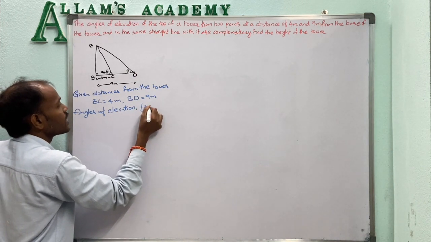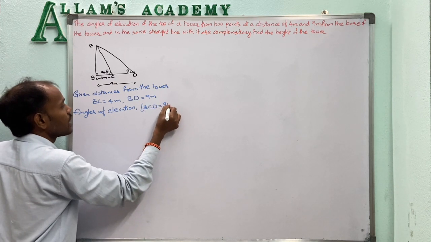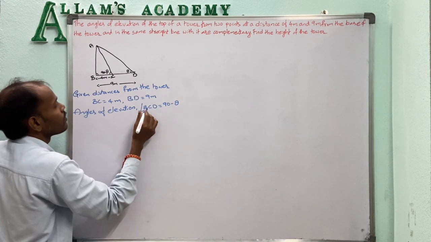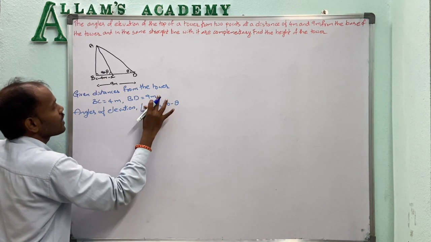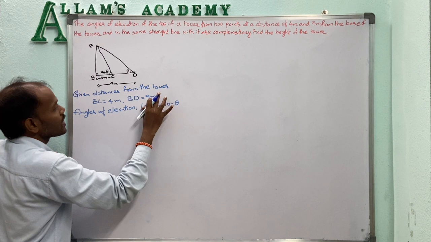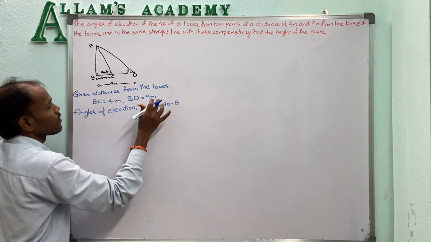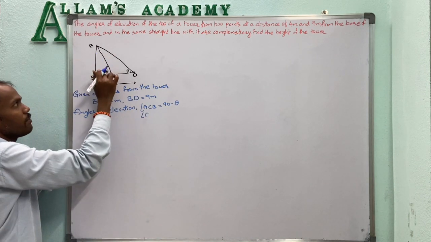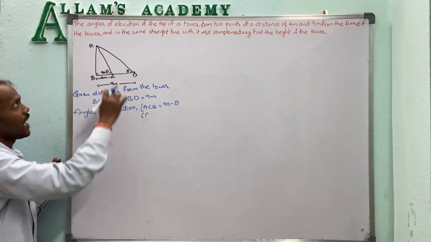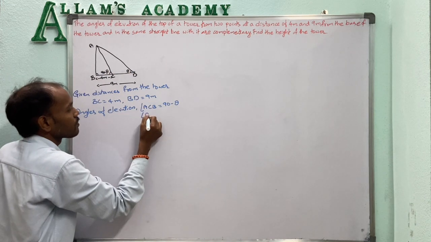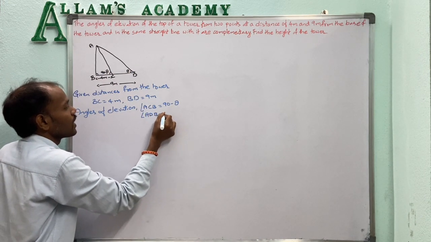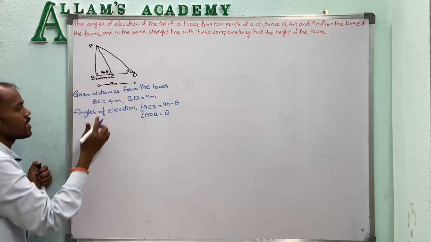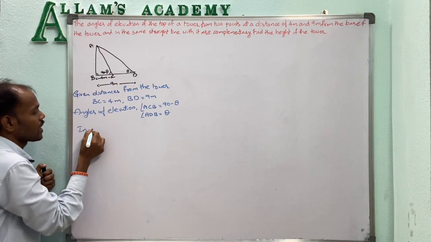Angle ACB equal to 90 minus theta degrees, and angle ADB equal to theta degrees.